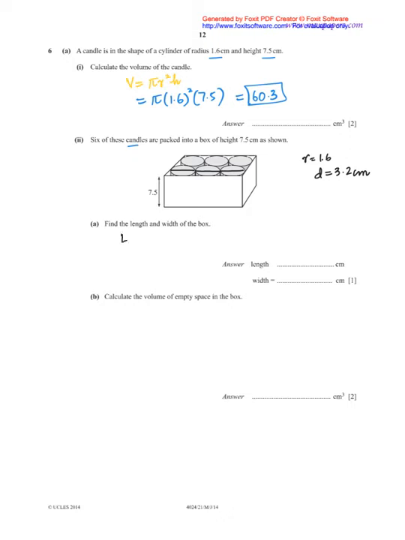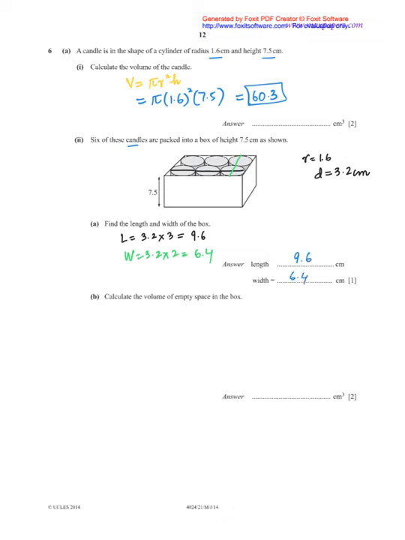So the total length of the box is 3.2 times 3 and that is equal to 9.6. That is my first answer. Similarly, if I mark the diameter in this direction, for the width of the box it will be 3.2 times 2 and that leads to 6.4. So that is your answer. The length is 9.6 and the width is 6.4.